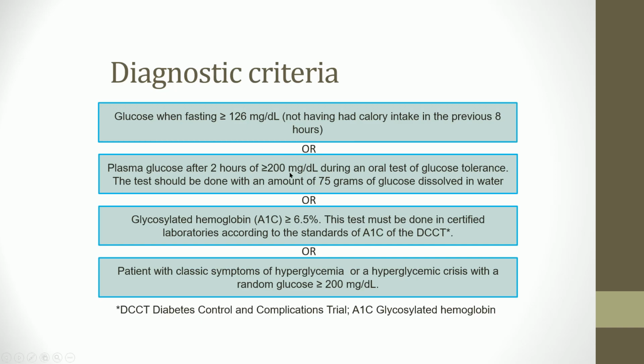So just to reiterate, if we have a fasting patient, we give him or her 75 grams of glucose dissolved in water, we wait for 2 hours and we find glucose over 200, that patient also has a diagnosis of diabetes. Number 3, we arrive at glycosylated hemoglobin or glycated hemoglobin. Those are both correct terms.